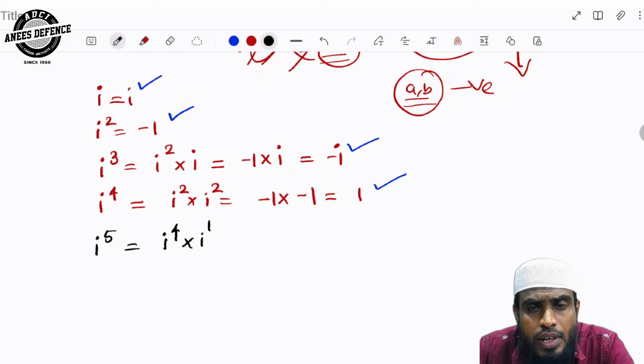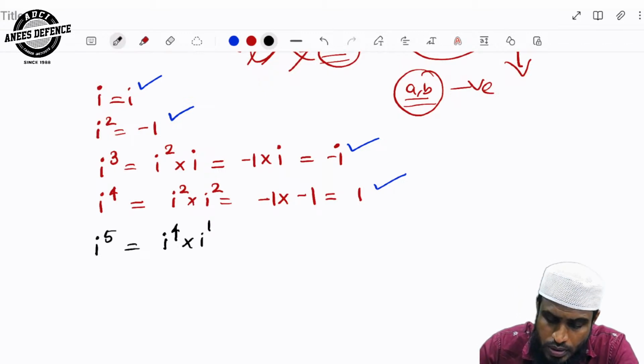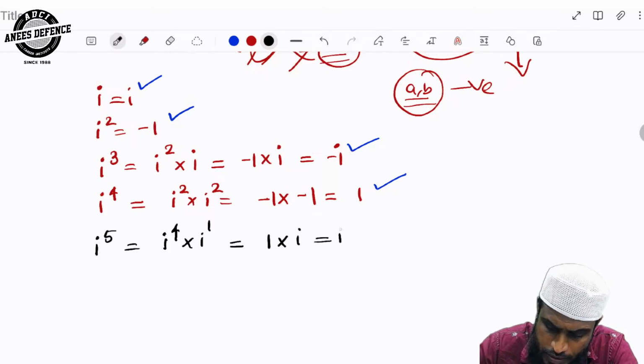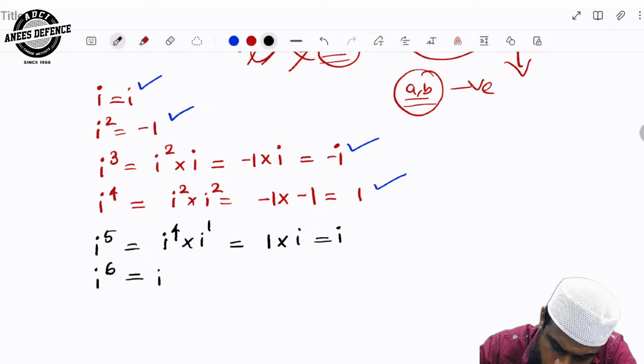Now, I raised to 5 can be written as I raised to 4 into I raised to 1. You have to understand that if the power is a multiple of 4, the value of I raised to that power will become 1. So 1 into iota, the answer will be I. I raised to 6 is I raised to 4 into I raised to 2.